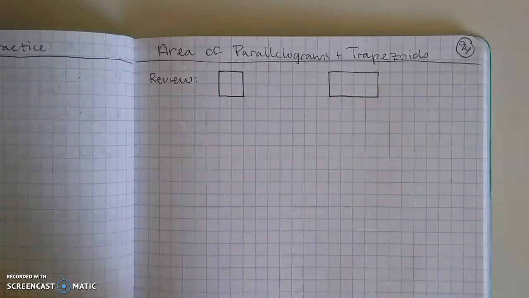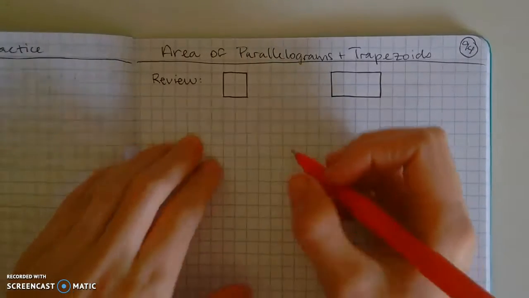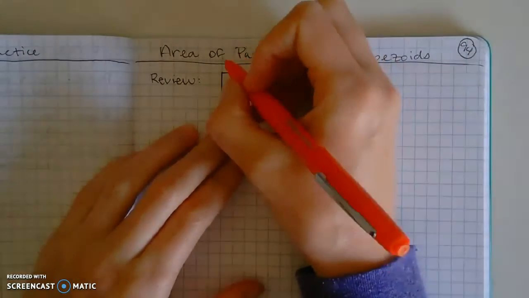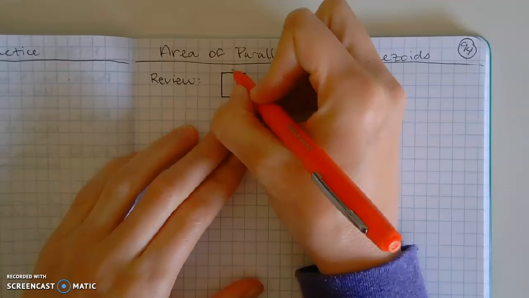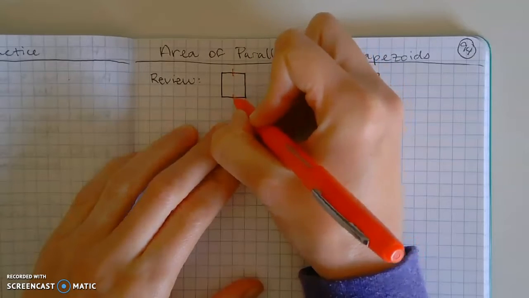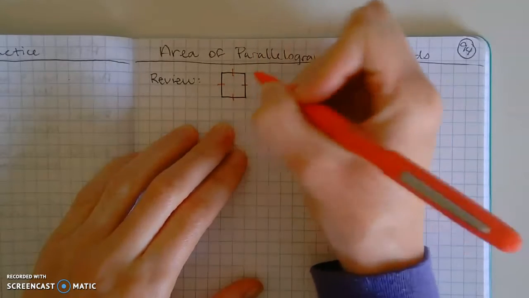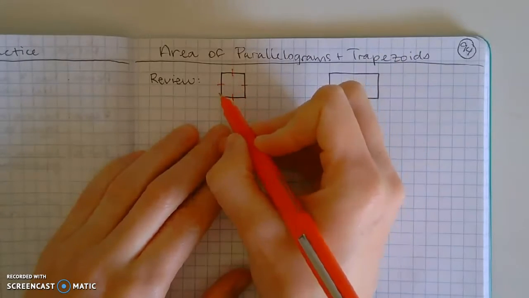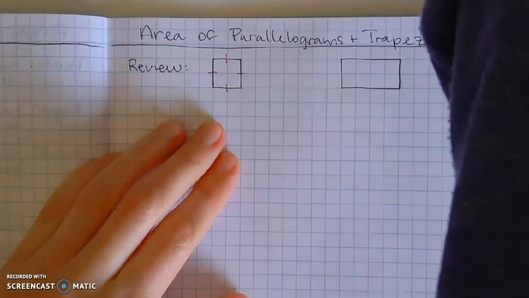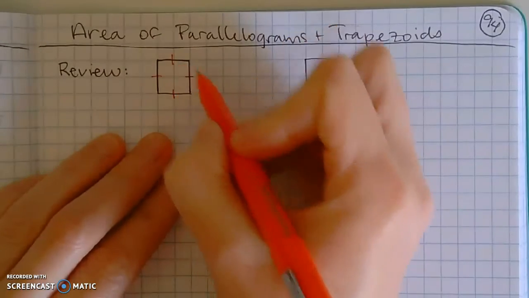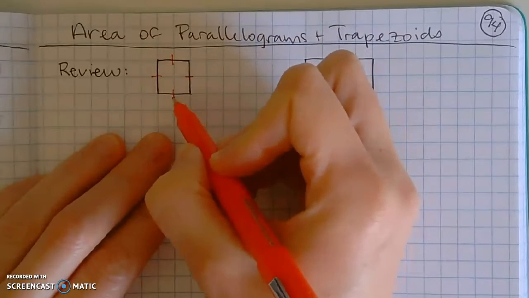One thing I want to review with you guys real fast is the definition of a square versus a rectangle. A square has 4 equal sides, and you see this when you have lines going through it. This means that this side length of this shape is the same as this side length, and this side length, and this side length.